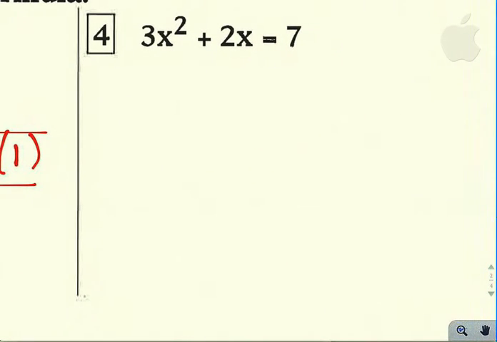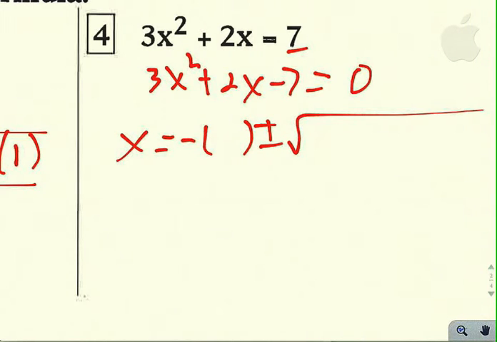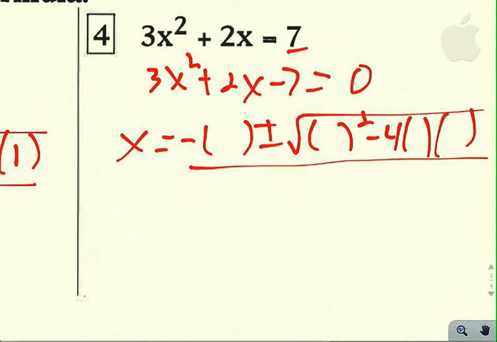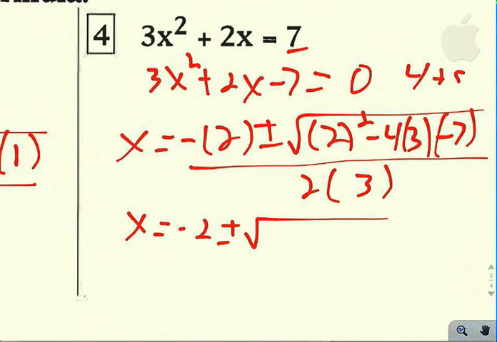Here's another one. Well, you got to move the 7 to the other side. So x would equal minus b plus or minus the square root b squared minus 4ac all over 2a. b is 2, a is 3, and c is negative 7. So this would be minus 2 plus or minus the square root of, let's see, in the square root we'd have 4 plus 84, which is 88 over 6.